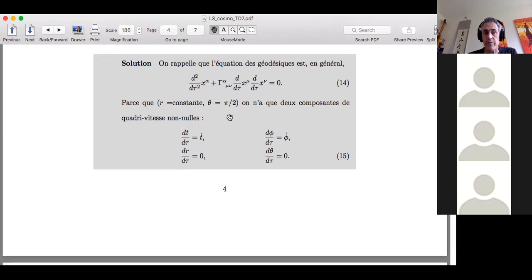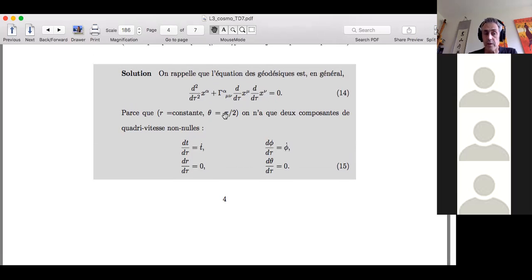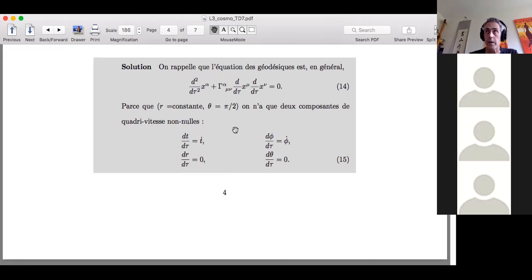And so we're going to have to write out, and we're being asked to prove something is a geodesic, so we have to verify that all four of those geodesic equations are validated. There's no contradiction.